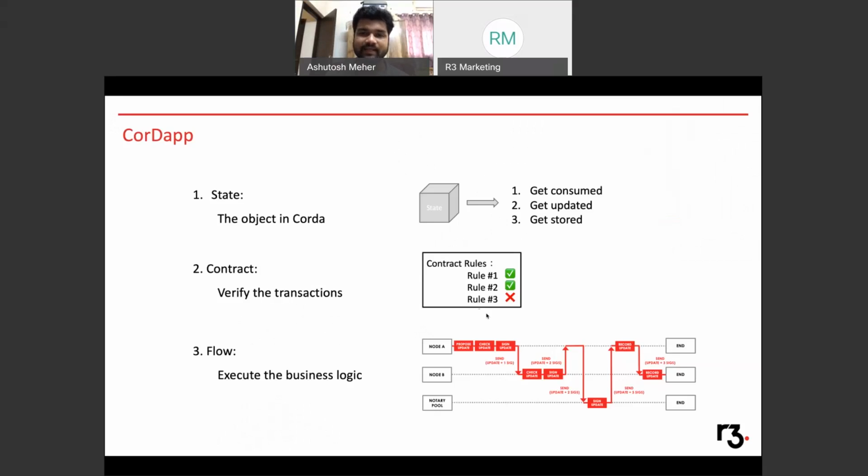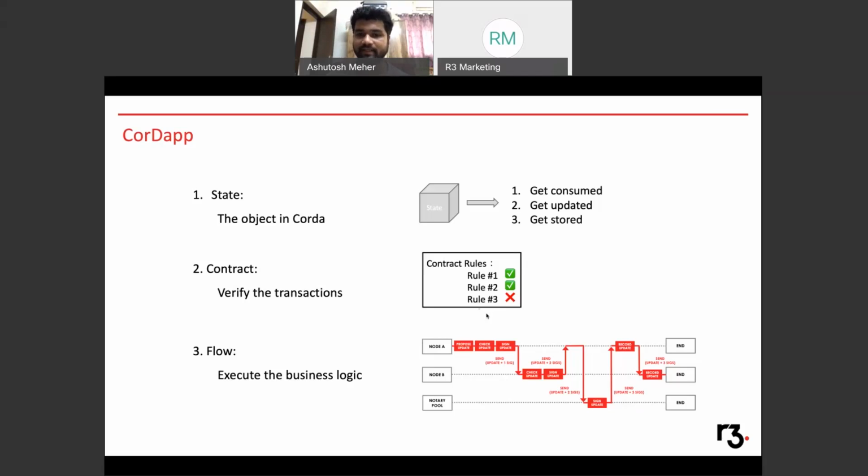State: we have been talking about assets till this point, right? In Corda, you model an asset using a state. It's certain facts that you want to record on your ledger, and you wrap those facts into a state object, and then that object gets stored onto the Corda ledger. Contracts, like I said, are business rules. There are some business rules that need to be validated for every transaction to happen. These business rules go inside the contract, and every state must have a contract.